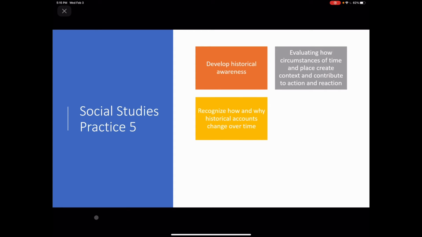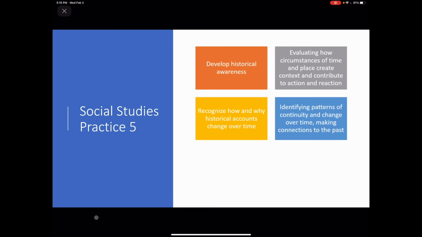Recognizing how and why historical accounts change over time. Identifying patterns of continuity and change over time, and making connections to the past. We've talked a number of times, even going back to the very first unit about colonial America, how the geographic regions are planting the seeds, so to speak, for how the nation then develops and divides.